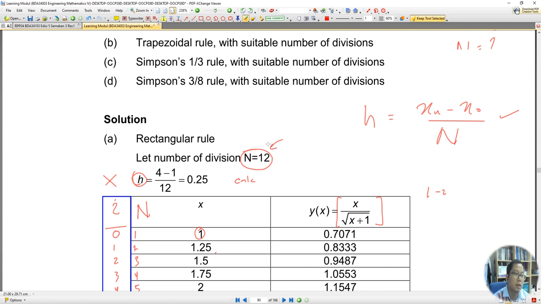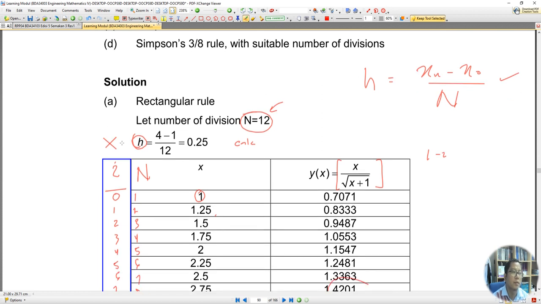This is very important information, otherwise you can get these types of numbers. So h is xn minus x0 divided by n, and you get h is 0.25.